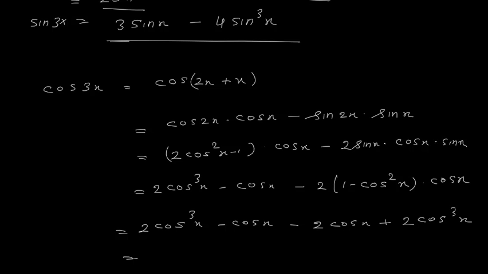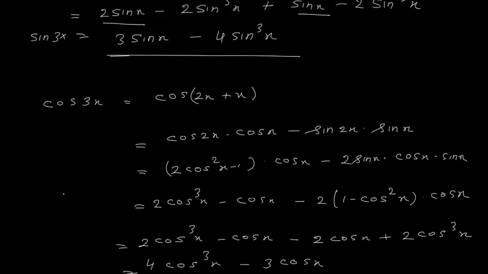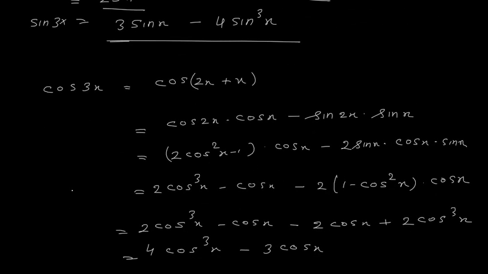So here the positive terms we are getting as 4 cos cube x, and cos x into minus cos x, plus minus 2 cos x, you will get minus 3 cos x. So 4 cos cube x minus 3 cos x, this is the expression for cos 3x.